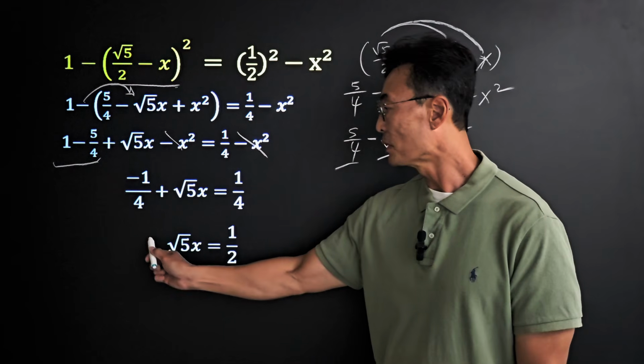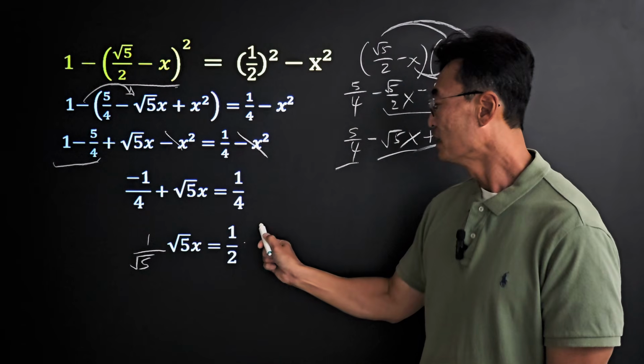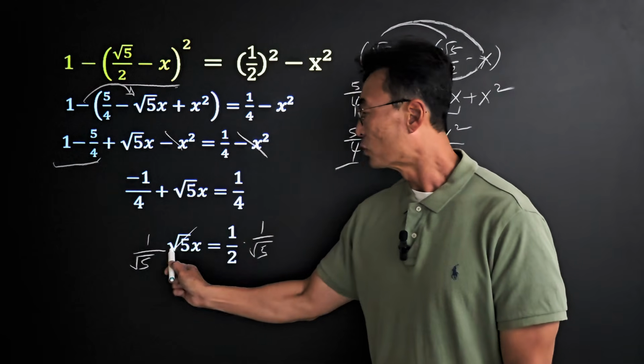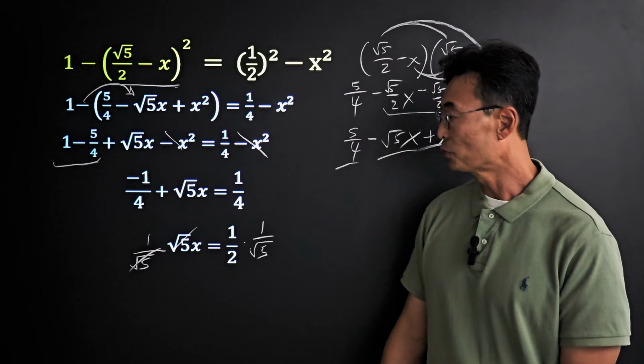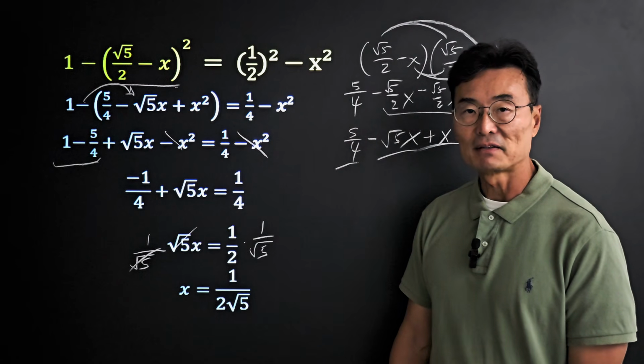Finally, we multiply by 1 over √5 on the left and 1 over √5 on the right in order to get rid of that √5 on the left. So we end up with x equals 1 over 2√5.